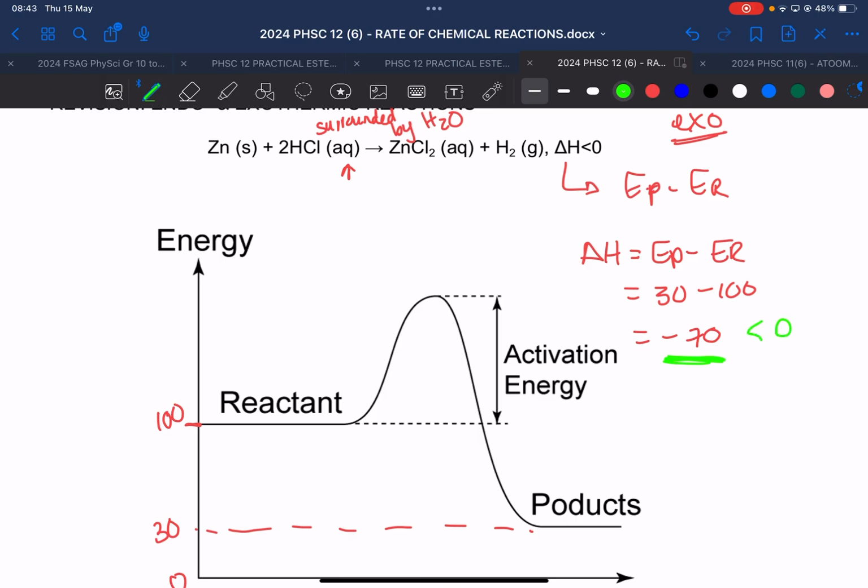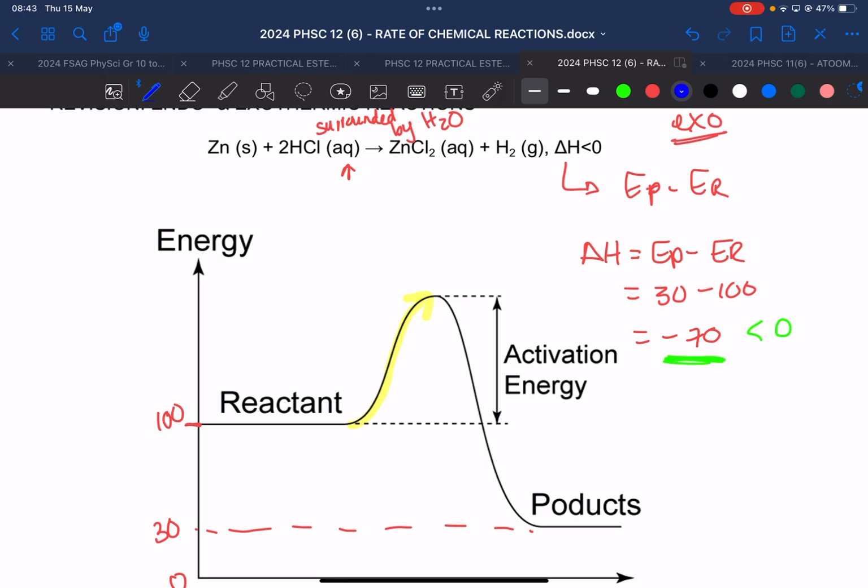Okay, then I want to know, what do you call this part of the graph? It has two names. The part where you go from where the energy of the reagents was until it reaches that top part. What do you call that going up? The definition for that is the minimum amount of energy for a reaction to take place.